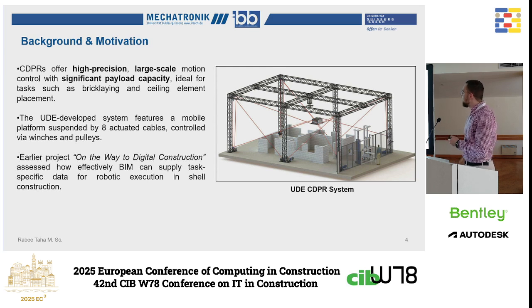The reason behind choosing this specific type of robotic system is that these cable robots offer benefits such as high precision, large-scale motion control, even with significant payloads. This makes it ideal for usage in the construction industry.